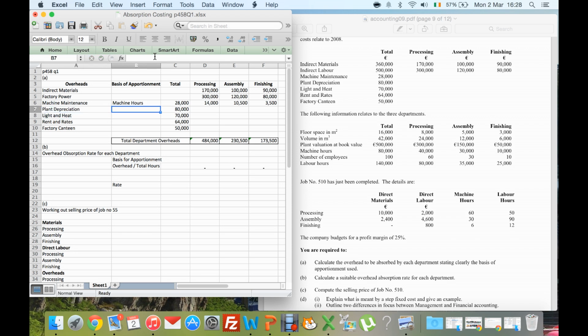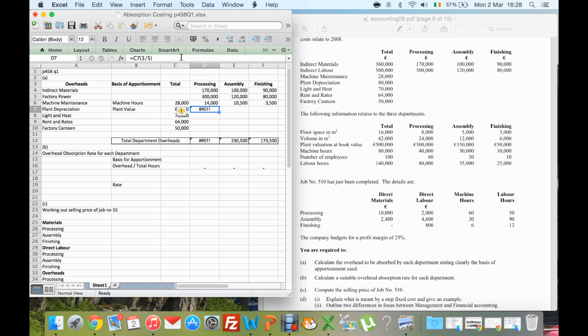Plant depreciation should be based on something to do with plant, so there is plant book value. So plant value, 80 grand is plant value, so 3/5 of that, so 3/5 goes to processing.